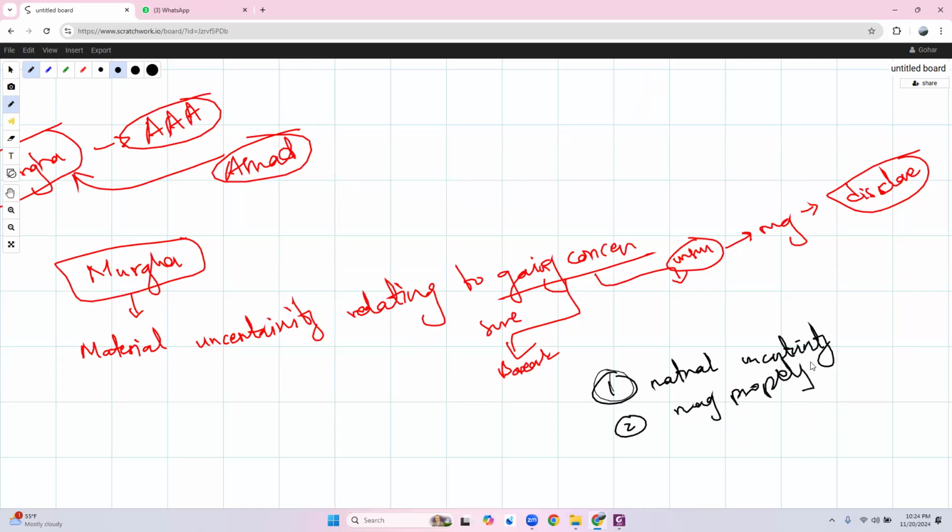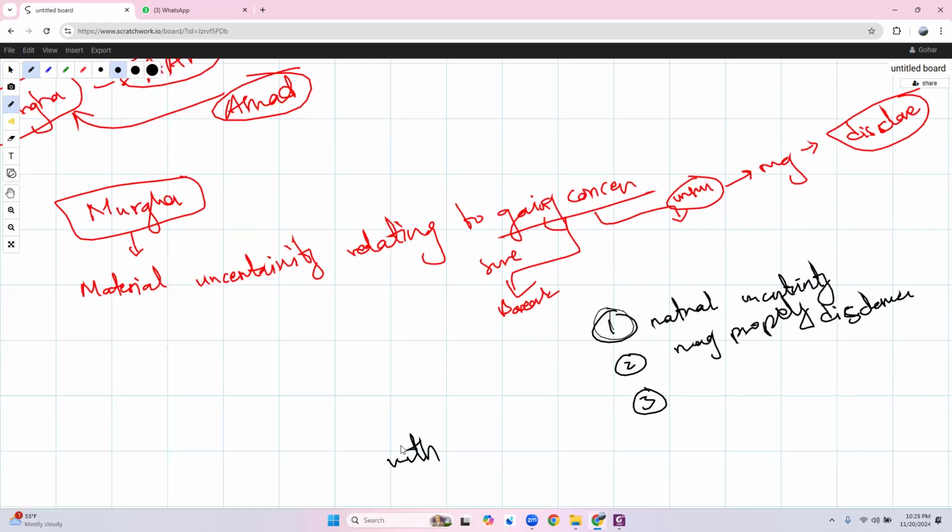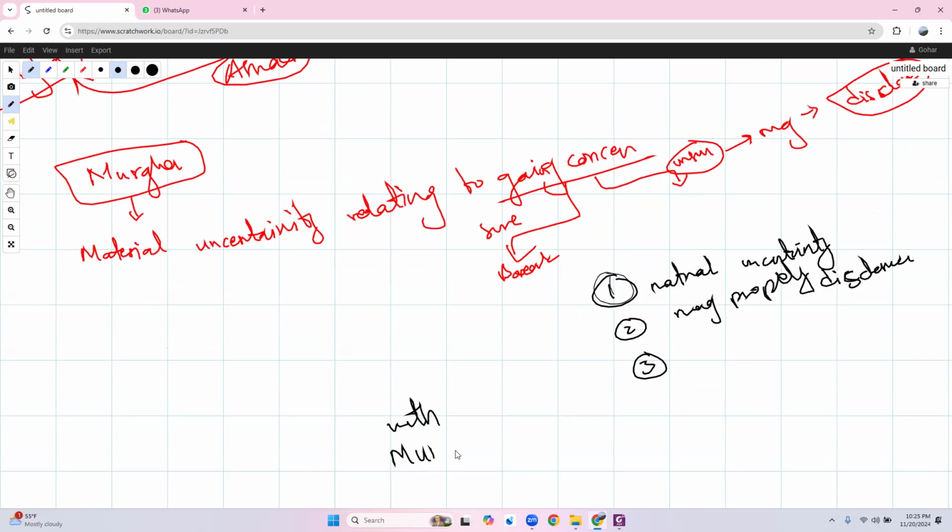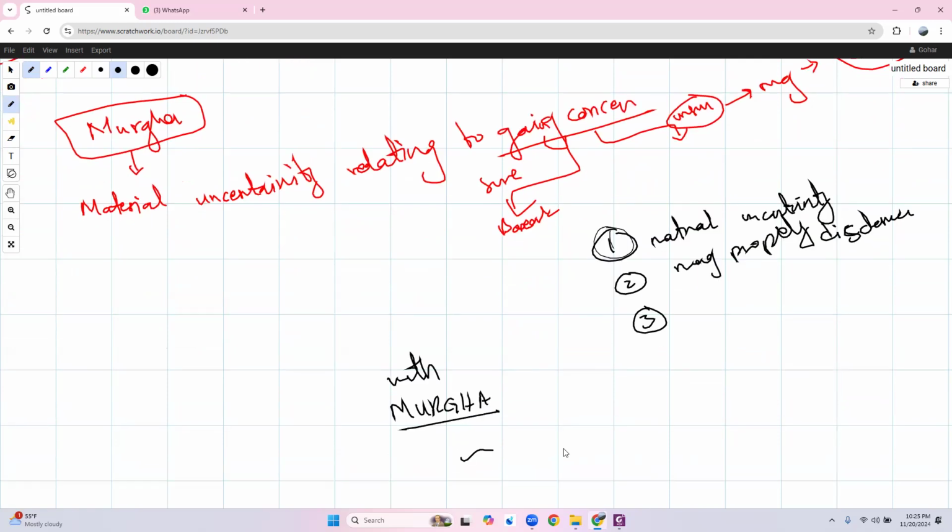You have checked the disclosure and the management has given the disclosure and also the disclosure is proper. Nothing is missing out of the explanation within the disclosure. This is the number two thing. Then comes the number three thing. Whenever the disclosure is proper, within the audit report the auditor will include the Murgha paragraph, and within this Murgha paragraph, he will himself write down that we have checked.